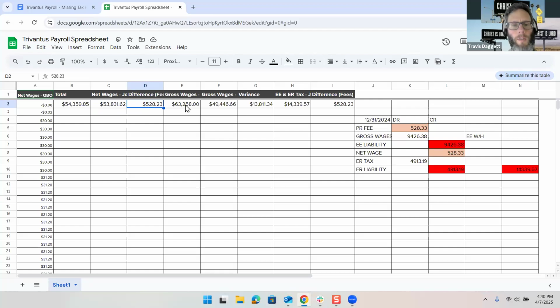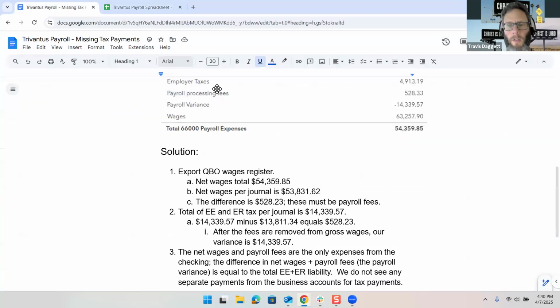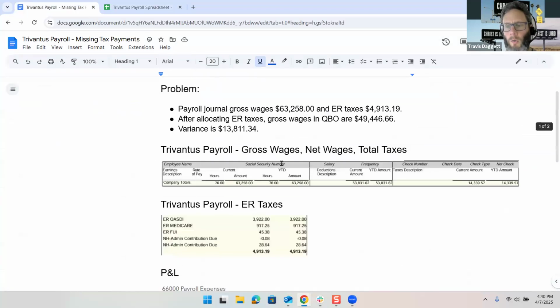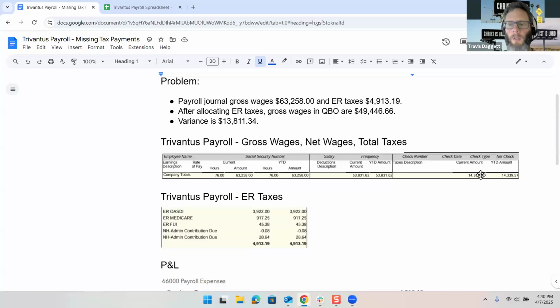Now we get our gross wages on the report to compare, and we see this variance. And of course, our difference with the fees there. But that difference is the total taxes due.